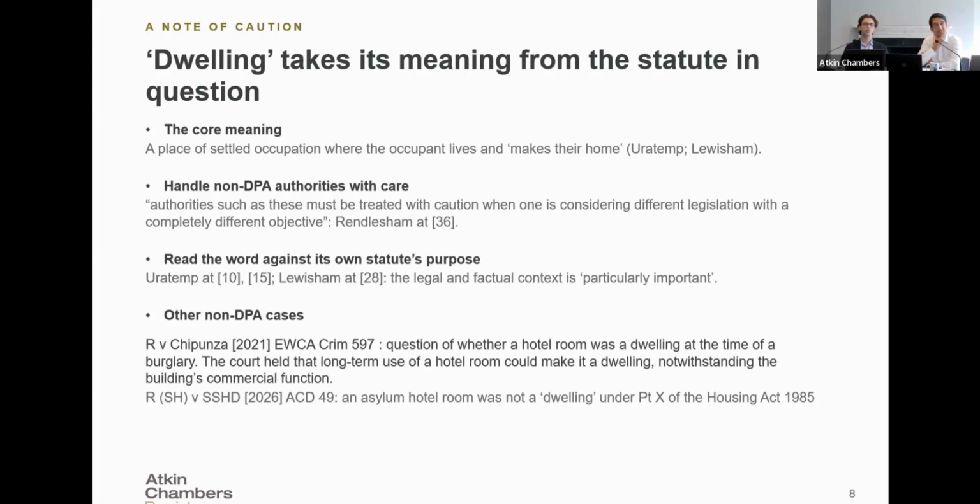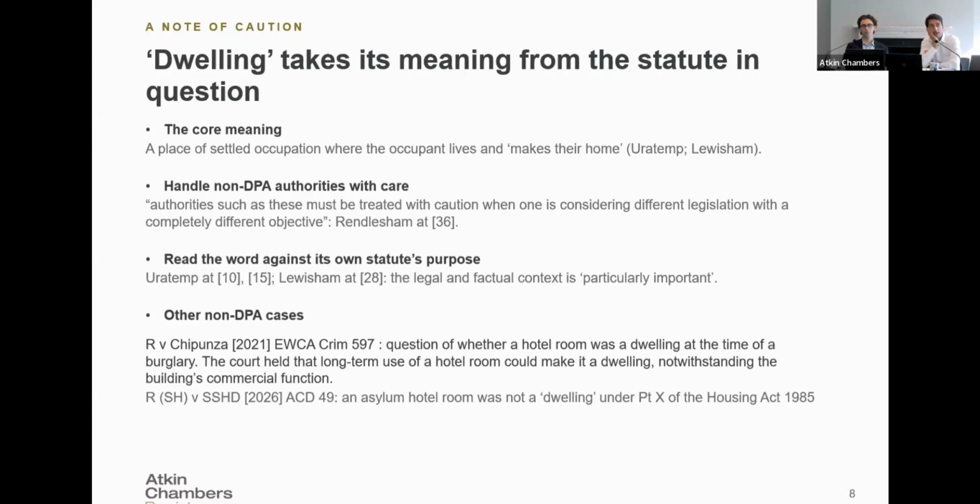And there was an indication in that judgment at paragraph 15 that hotels are generally used for commercial purposes, where stays are necessarily transient and short-lived. However, a long-term use of a hotel room could make it a dwelling. But the judge said in that case that much will depend on the actual use, occupation, and configuration of the rooms in question.